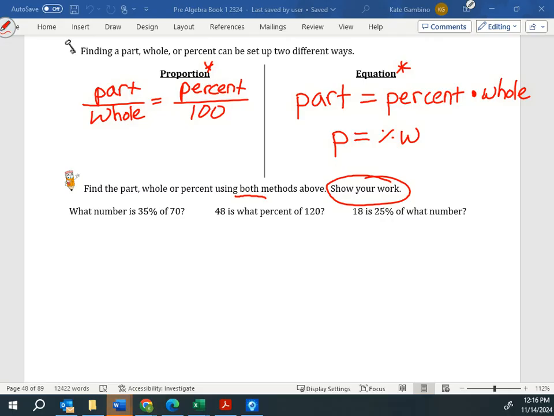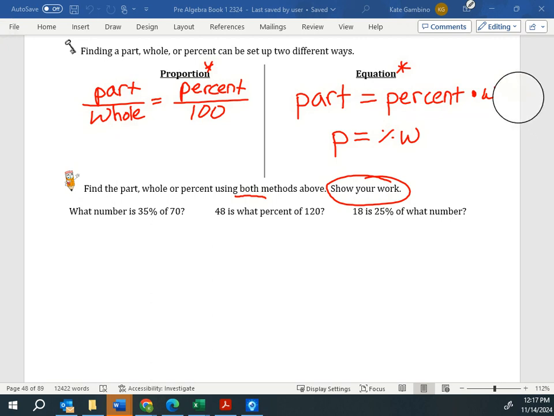For my friends that did not get credit for the objective we corrected today because we did not show our work, I'm pointing out again, show your work. You cannot just put your calculations in the calculator and write down an answer. You're actually going to show the work that you're doing to find that answer.